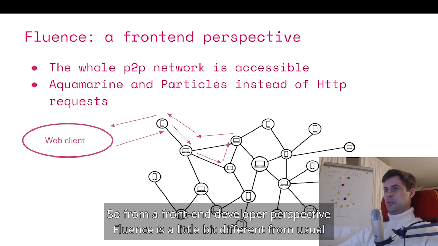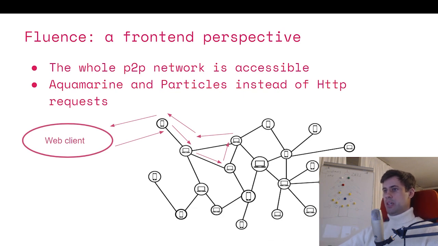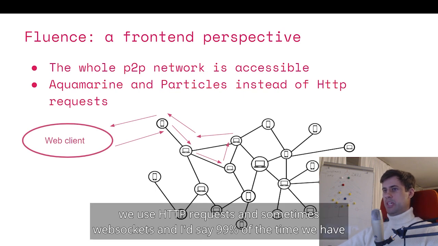So from a front-end developer perspective, Fluence is a little bit different from usual development. The main difference is that with Fluence, we have the whole peer-to-peer network exposed to us. Usually, when we develop web applications, we use HTTP requests and sometimes WebSockets.